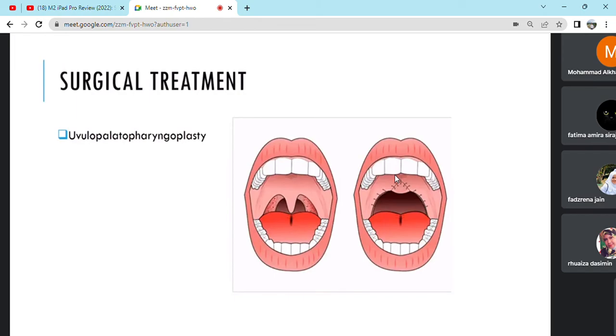Okay? When you talk about your Mallampati score of 1, it means you can still see an opening once the patient opens the mouth. With a Mallampati score of 2, the opening is somewhat obscured, somewhat limited. Mallampati 3, definitely lesser, no?